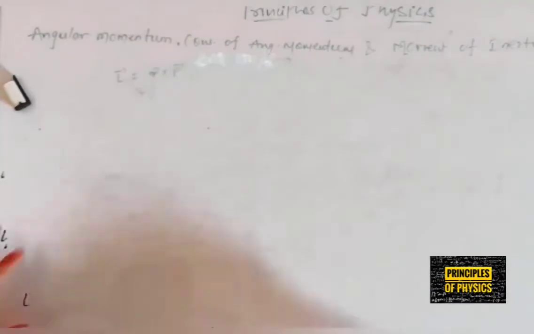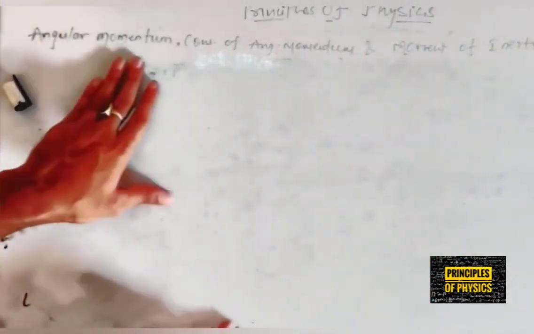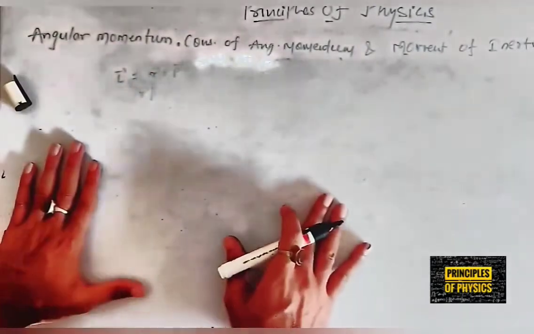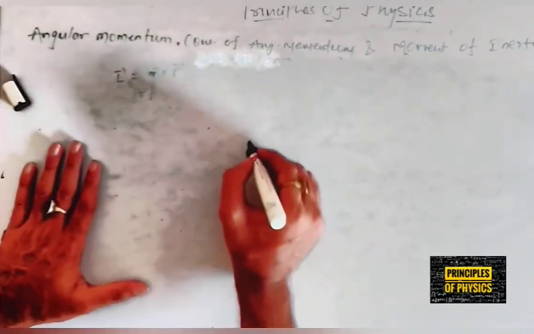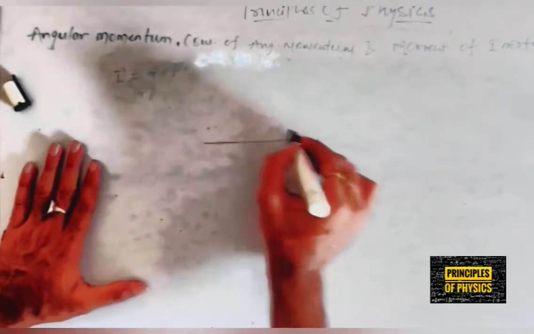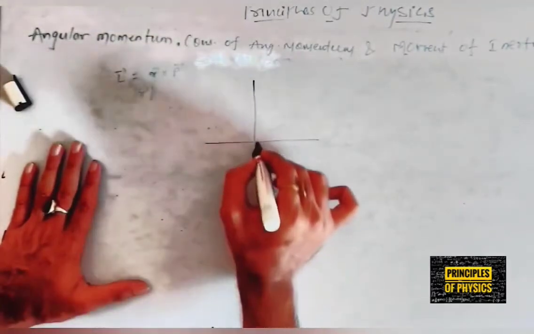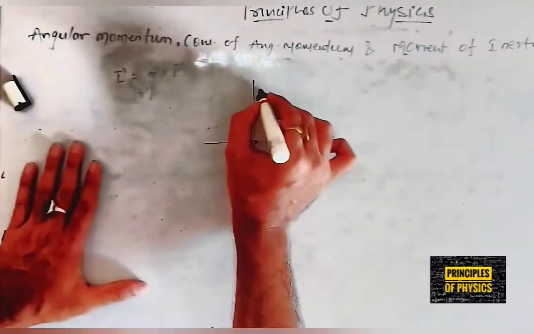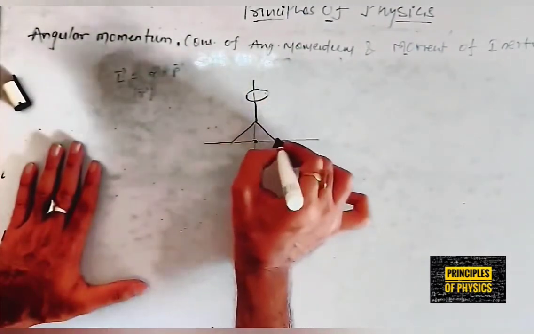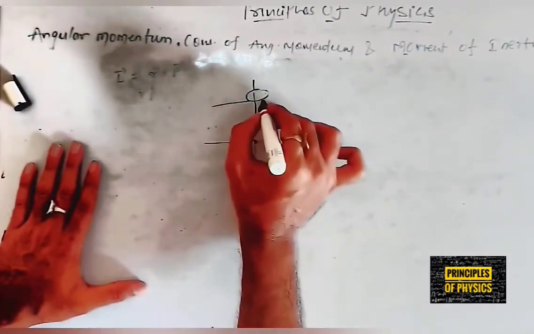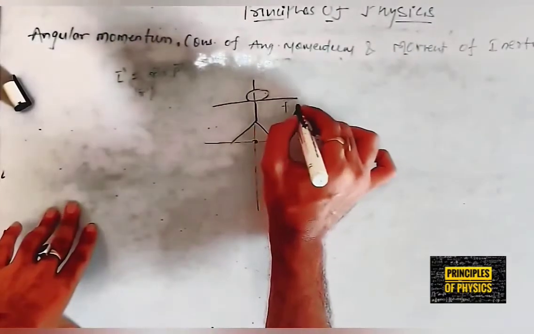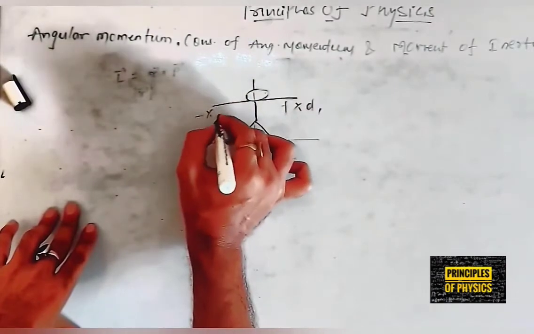Now we will deal with another example based on the angular momentum and its principles. Let's say a man is standing on the horizon, having his arms spread in the positive x direction and the negative x direction.